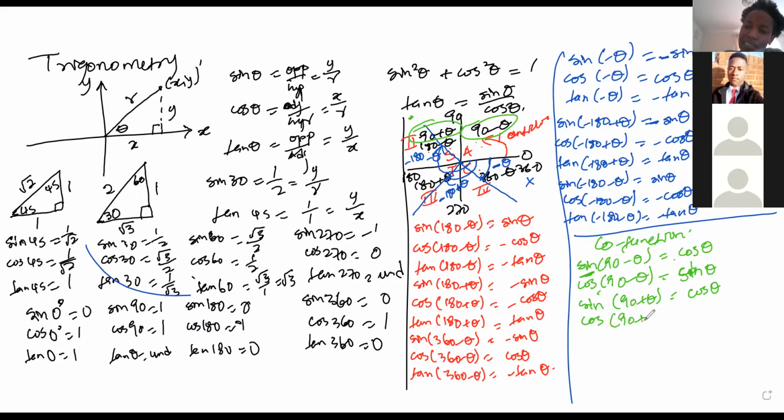Cos 90 plus theta is a negative sine because cosine in the second quadrant is negative. Okay, that covers your first trigonometry section, before you go to the other one for the rules. So that is the first one.